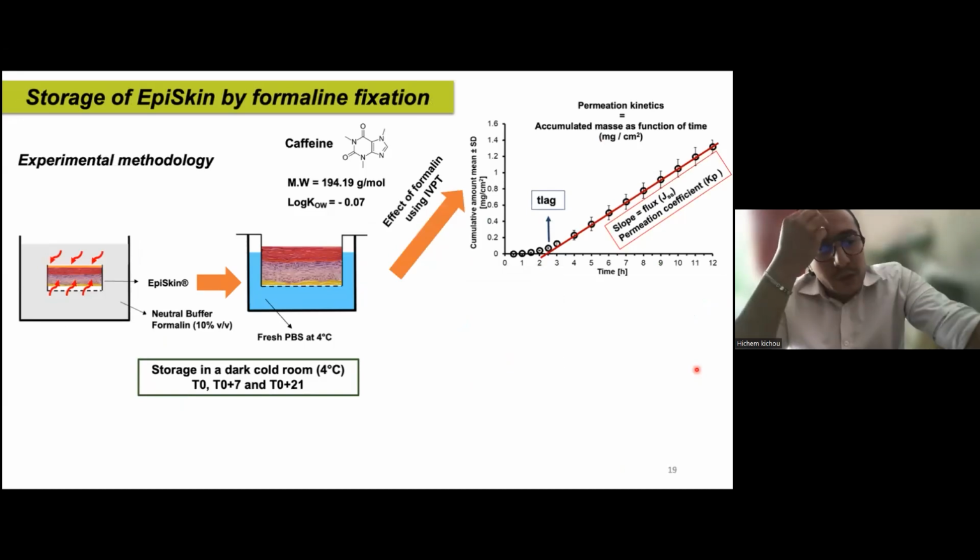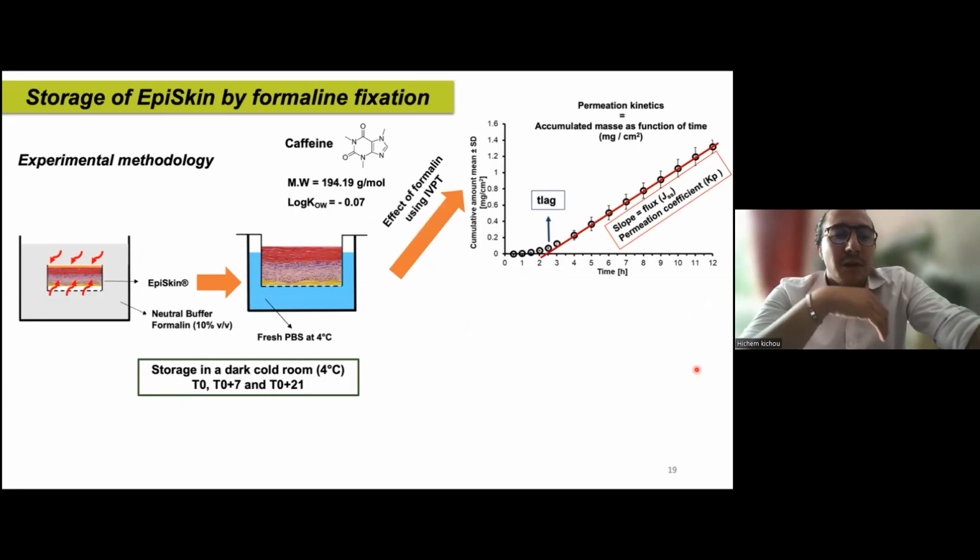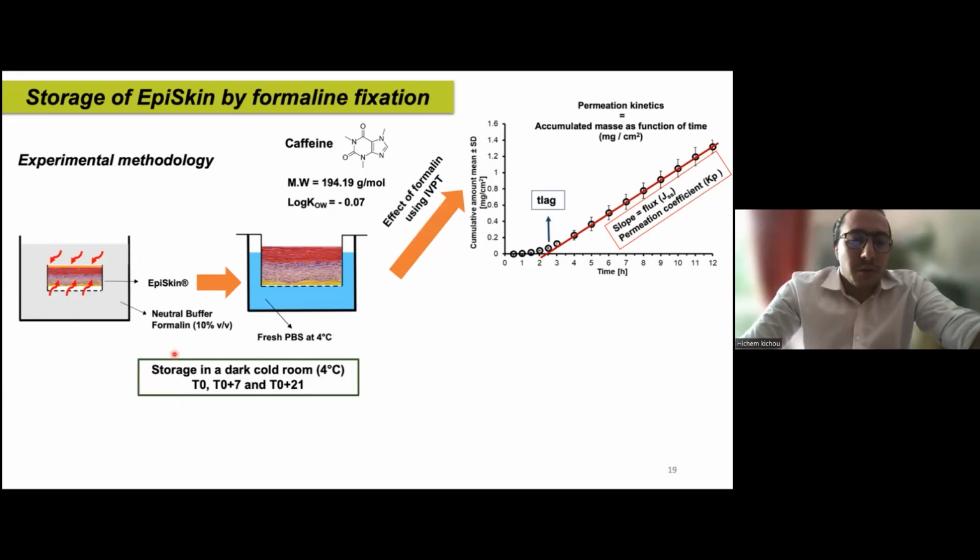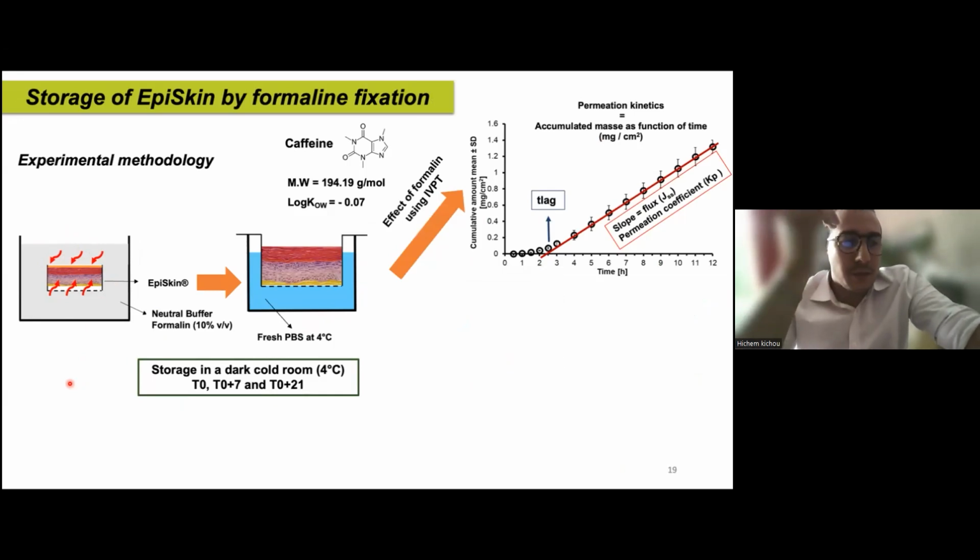To address this, we developed a new method for storing EpiSkin involving a neutral buffer formalin fixation protocol. Initially, EpiSkin samples were fully immersed in 10% volume per volume neutral buffer formalin for fixation at room temperature for 24 hours. Subsequently, these fixed EpiSkin samples were stored in a dark cold room at 4 degrees until the day of the permeation experiment, using caffeine as a model compound.